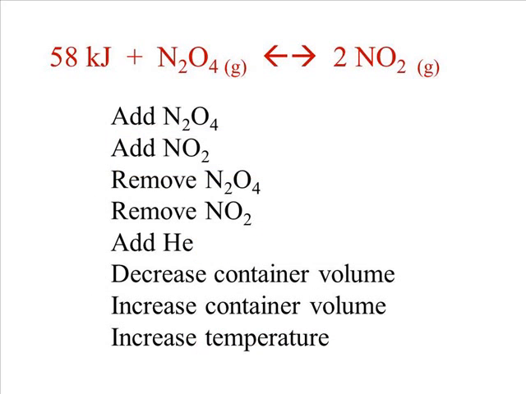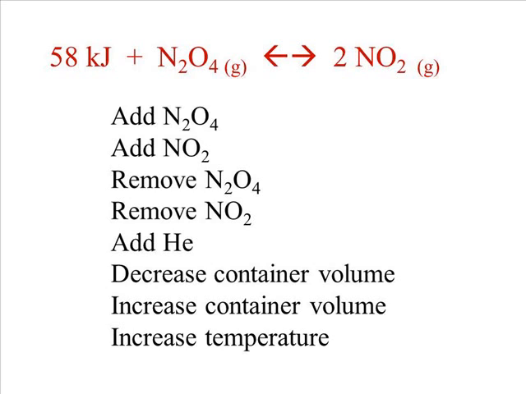So let's look at this reaction where we've got heat as a reactant, so it's endothermic. You've got a mole of gas on the left, 2 moles of gas on the right. So if we added N2O4, simply adding a reactant, we would shift the equilibrium away from the reactant side and create more product.